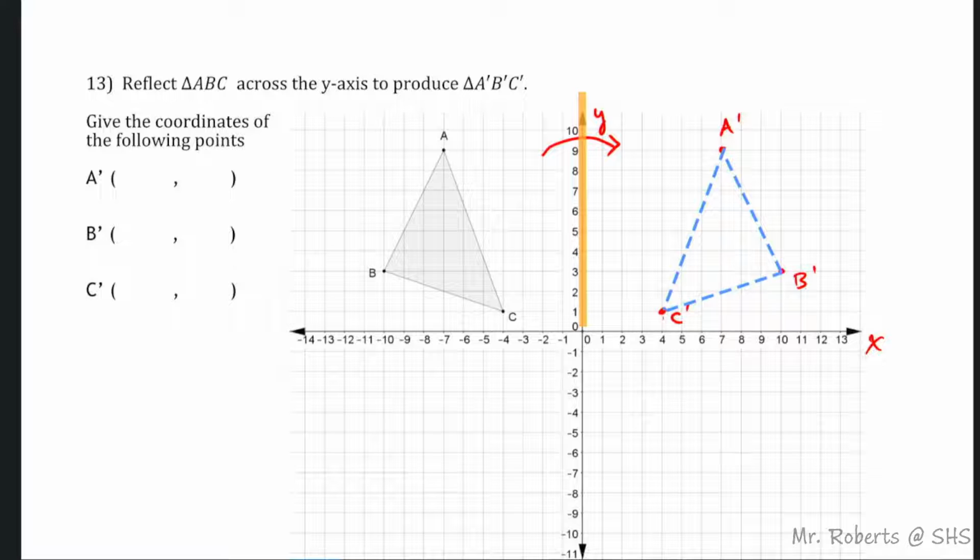A prime is at -7, 9. B prime is at 10, 3. X is 10, Y is 3. And C prime is at 4, 1. All right, that looks like that's it.